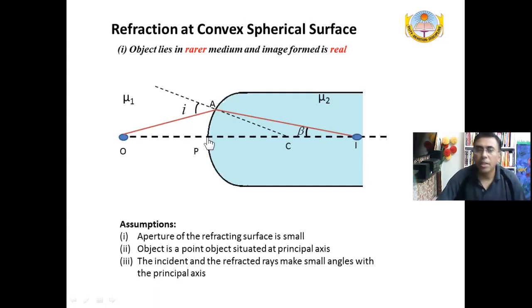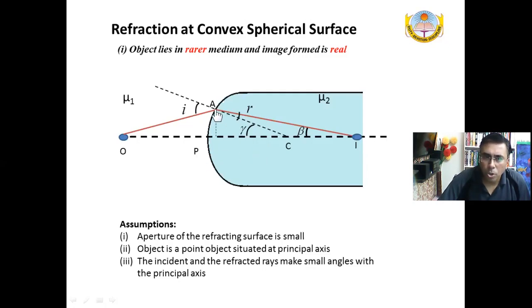Reason being, the angle of incidence for any ray passing through the pole would be zero, so the angle of refraction would also be zero. Now this angle will be the angle of refraction, and the angle which the normal makes with the principal axis, we call gamma.